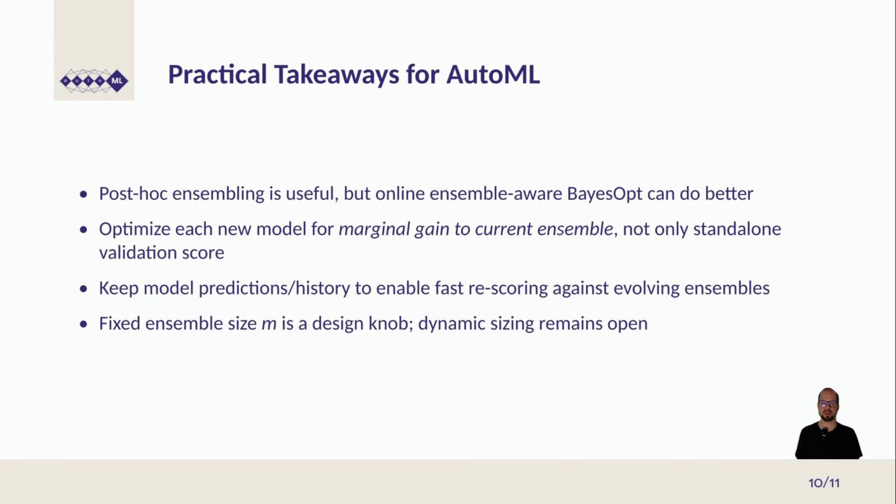They optimize each new model for marginal gain to the current ensemble and not only the standalone validation score. And they keep the model predictions to enable fast rescoring against evolving ensembles. And unfortunately, one downside is that the fixed ensemble size M is a design knob that has to be chosen by the user a priori.